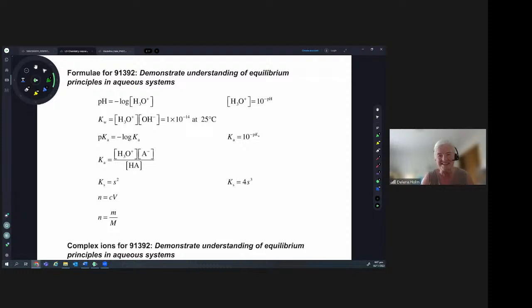Right, kia ora. Ko Deline Holm tōku ingoa. Now, for the Aqueous, this is the last of the three, and if you like maths, then this is the one that has the most maths in it.